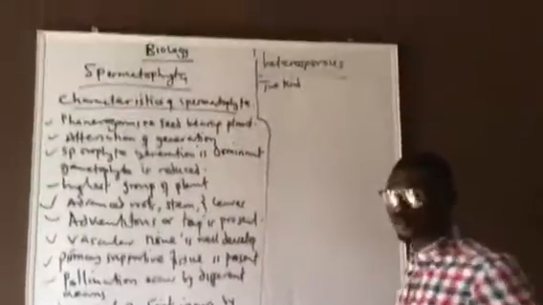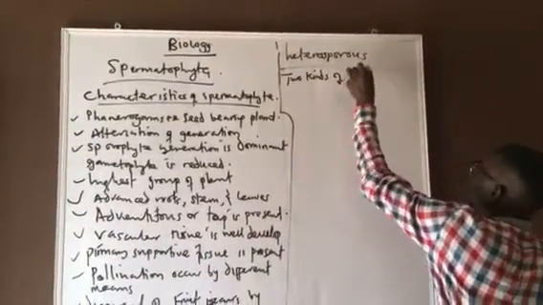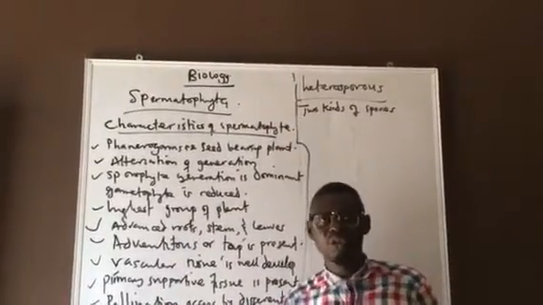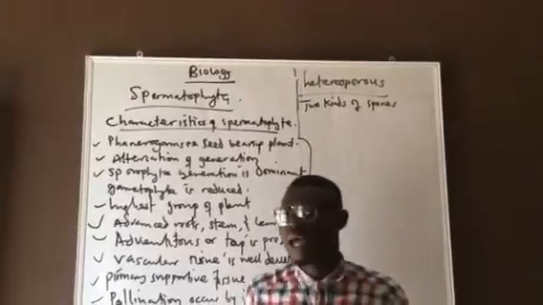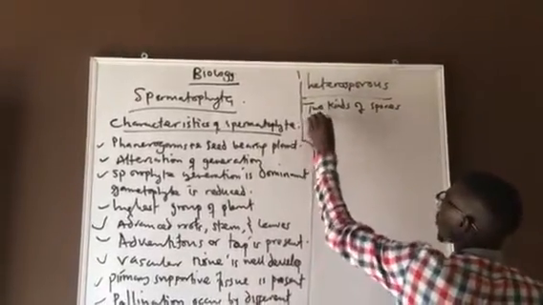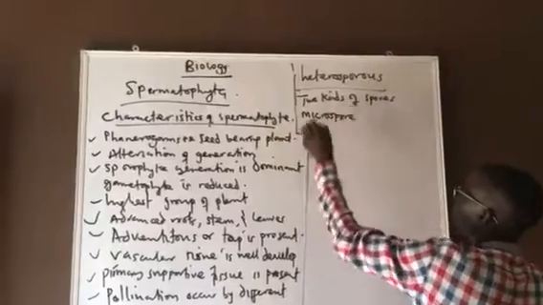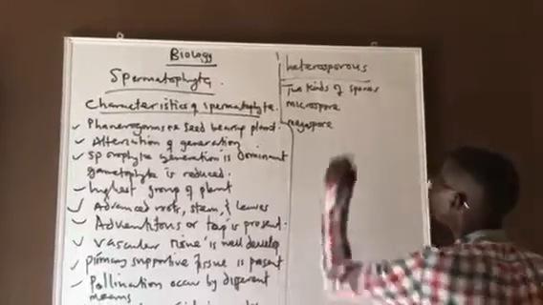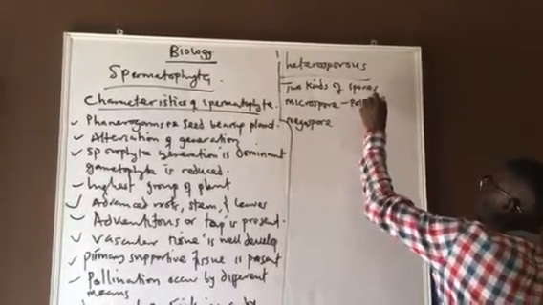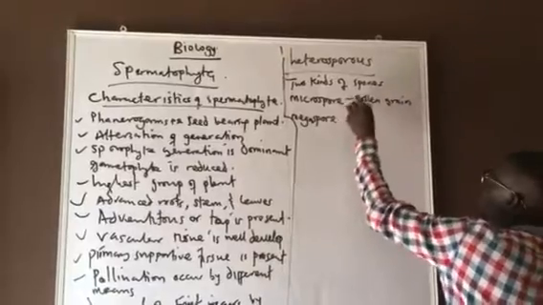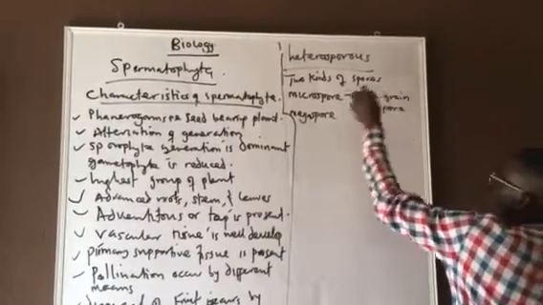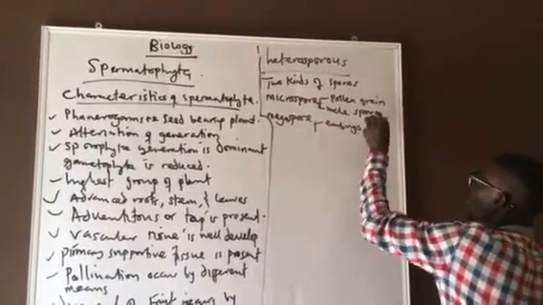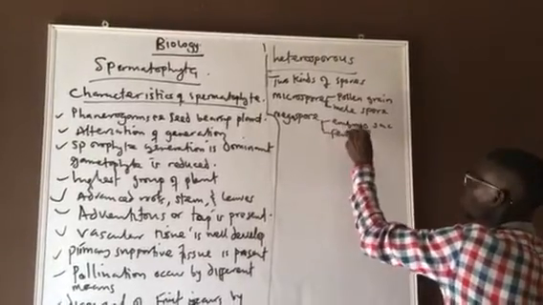Heterospory is the ability of a plant to produce two kinds of spores. These spores are the microspore and the megaspore. The microspore usually represents the pollen grains, the male spore, while the megaspore is the embryo sac, which is the female spore.